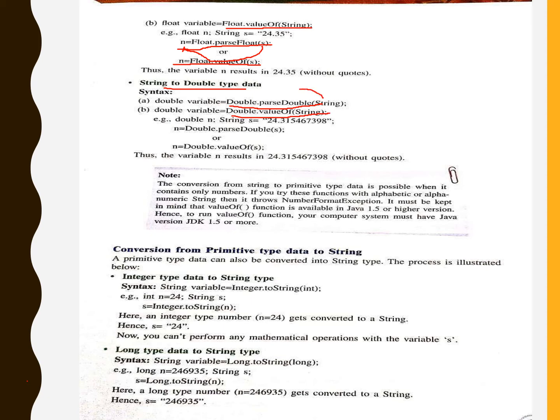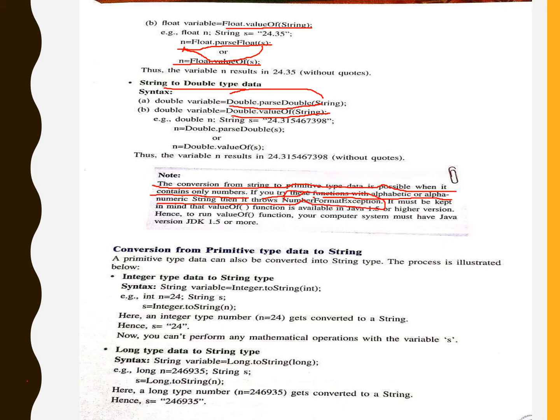So it converts the string into a double data type. Always remember, the conversion from a string to a primitive data type is possible only when the string contains only numbers. If you try these functions with an alphabetic or alphanumeric string, then it throws a NumberFormatException.